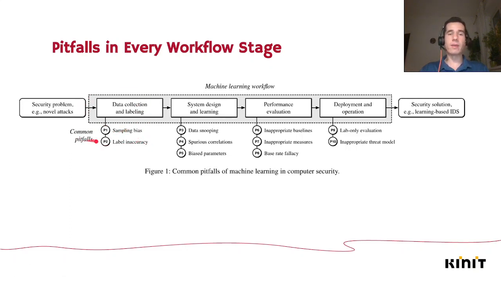After collecting and labeling our data, we need to design our machine learning system and use the data to teach it. Again, several pitfalls may happen. After designing our system, we need to evaluate it. Finally, we need to deploy it, and then we have a solution, for example, some intrusion detection software.